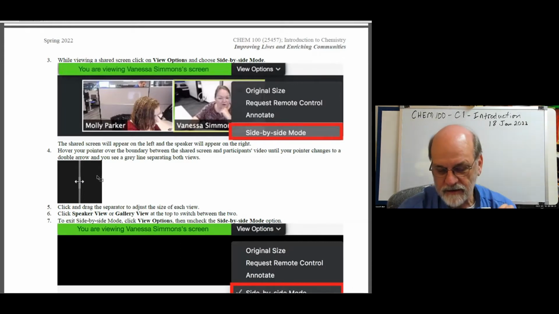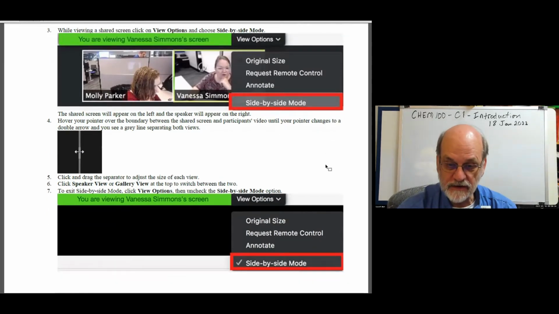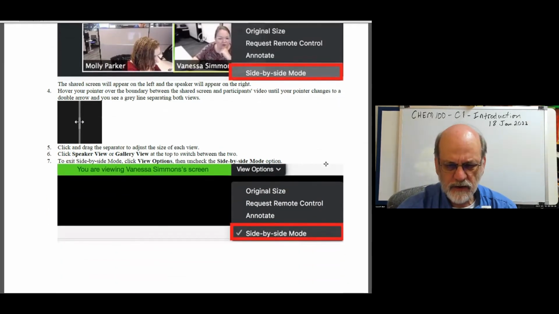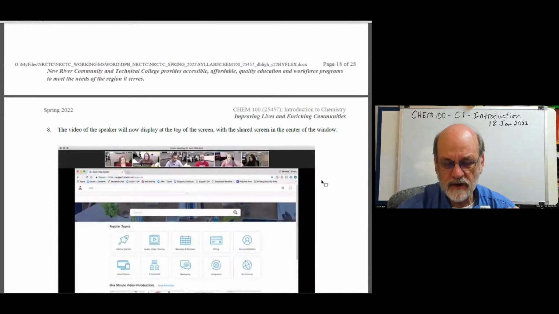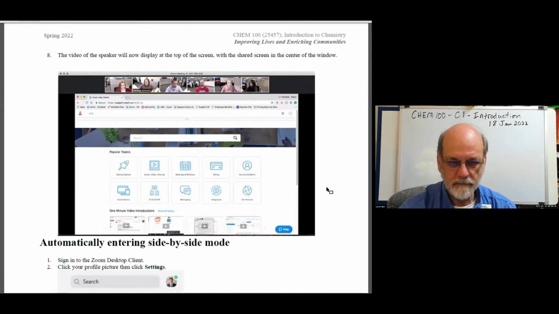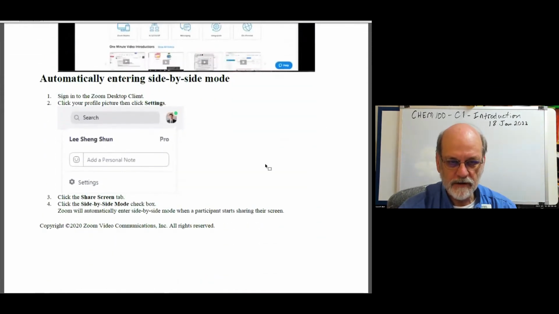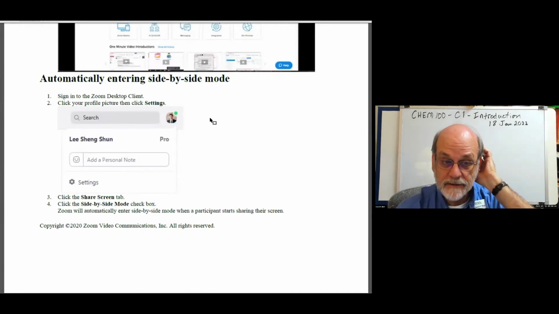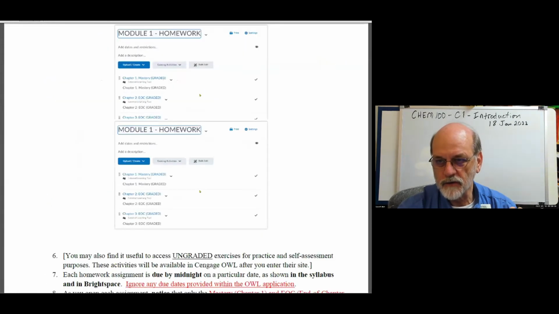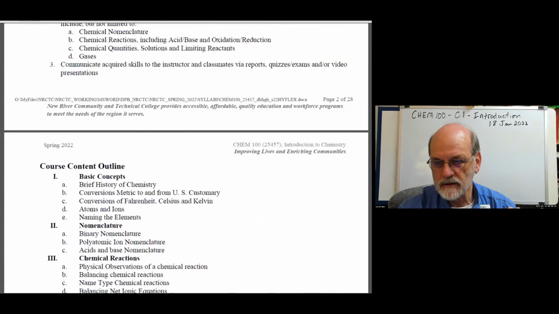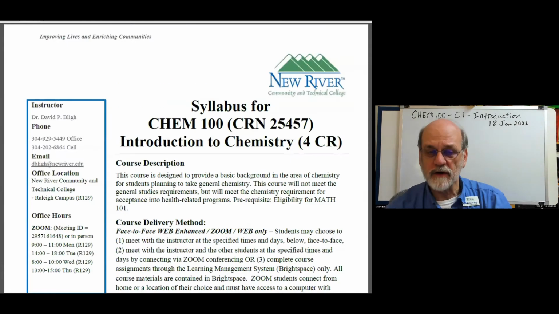There's the divider that will resize the screens. They also give you instructions on how to set it up so that it'll be the same the next time you zoom in. It will remember your selections, your settings. Here it is, automatically entering side by side. So I'll let you play with that while we go through the rest of the syllabus. As long as you can see everything you want.